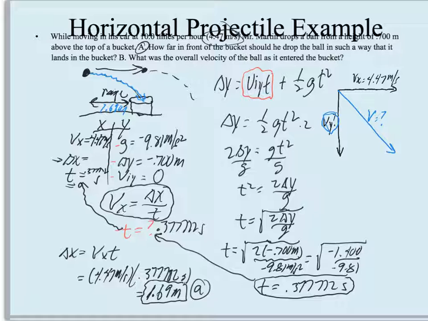We got to be more specific, because we have two of them. We have the initial velocity and we have the final velocity. As it entered the bucket, certainly isn't the initial, so it's going to have to be the final.